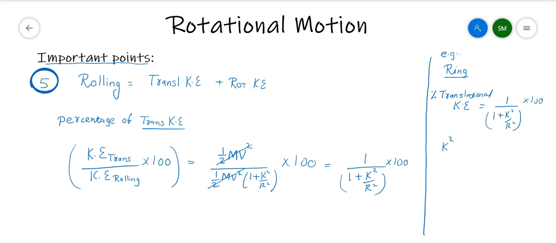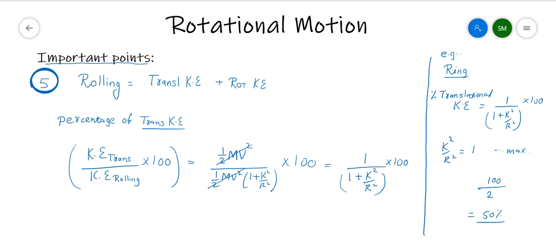For the ring, the value of k square by r square is 1, which is the maximum value. So just put k square by r square as 1. The answer you will get is 100 by 2, that is 50%. So in the case of a ring, 50% of the energy is translational. Whatever energy the ring has while rolling, 50% is translational and the remaining 50% is rotational.